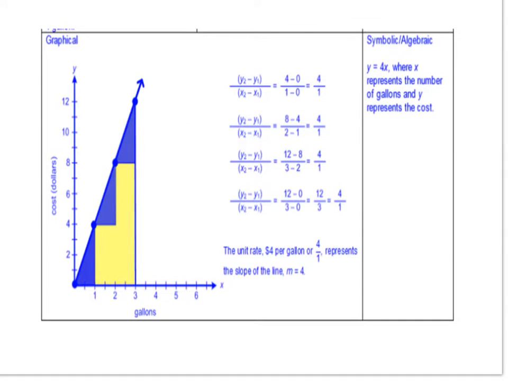And then the last thing that we want to look at is from a graphical standpoint, or a graph. If you notice, here are the points that we looked at first: 0, 0, and of course you're just going to chart that on your coordinate grid, and then here you have 1, 4, and then here you have 2, 8, and then here you have 3, 12, and then you plot those out.